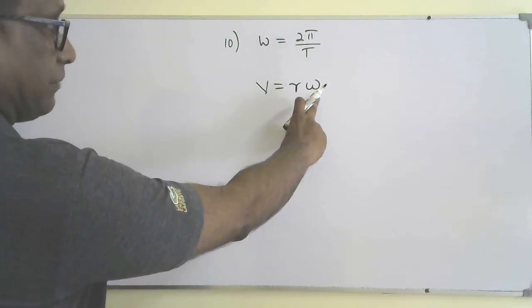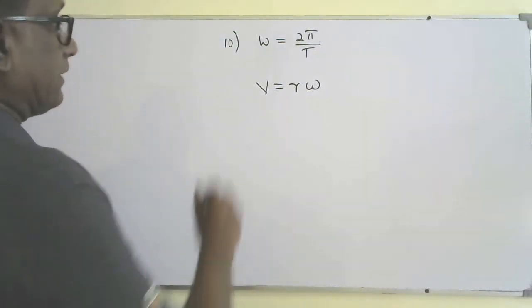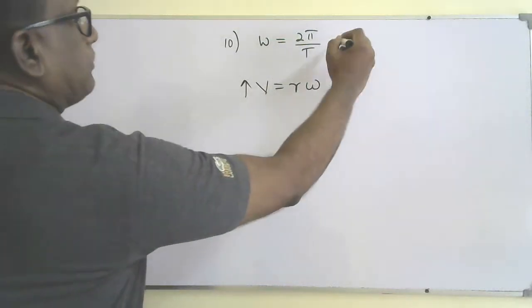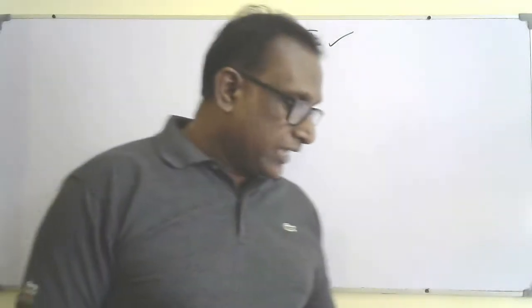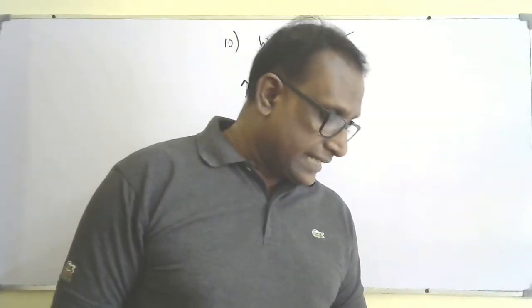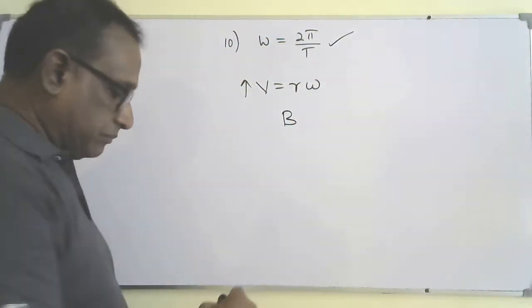Omega remains the same because the time period remains the same. So the speed will increase. So the correct answer is B: angular velocity remains the same, constant, and speed will increase. Correct answer for question number 10, B.